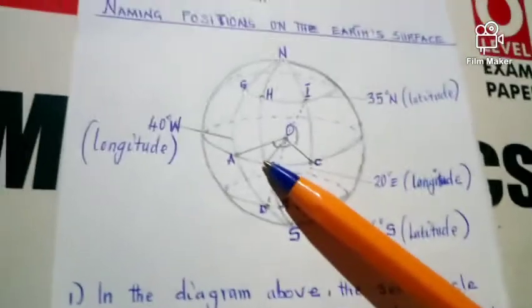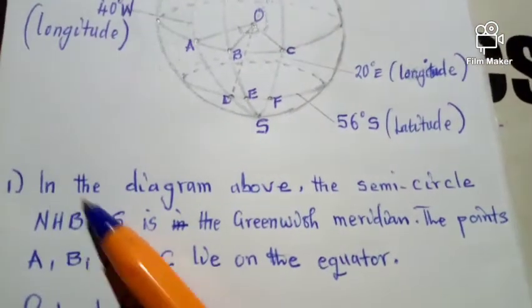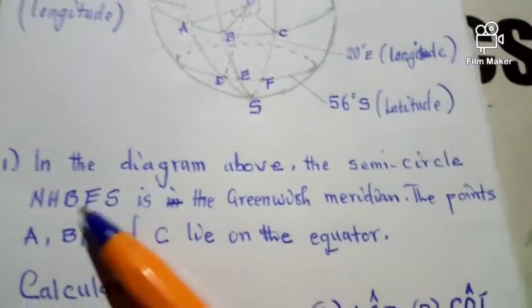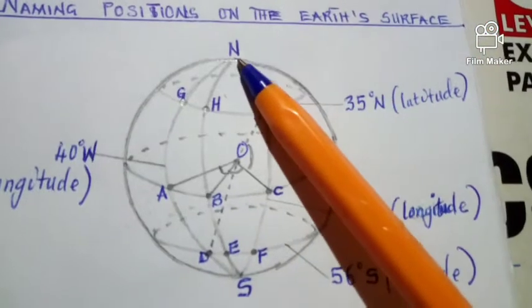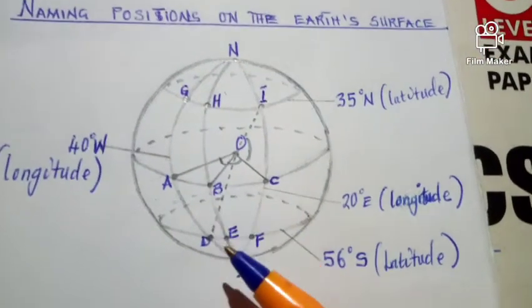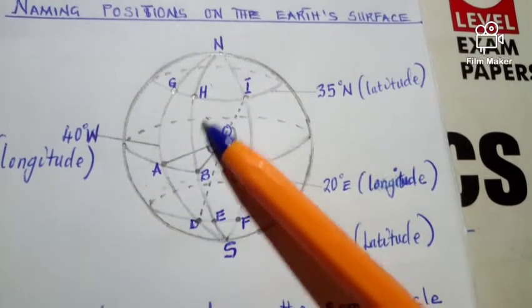Okay, now what questions can be asked based on this diagram? Let's look at the question so that we understand this better. In the diagram above, the semicircle NHBES is a semicircle.